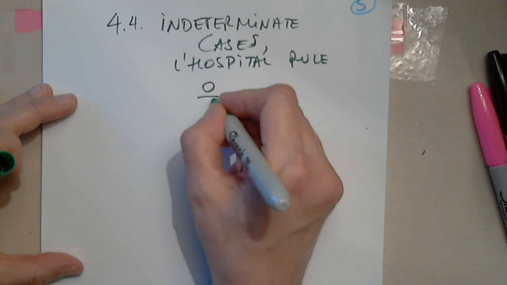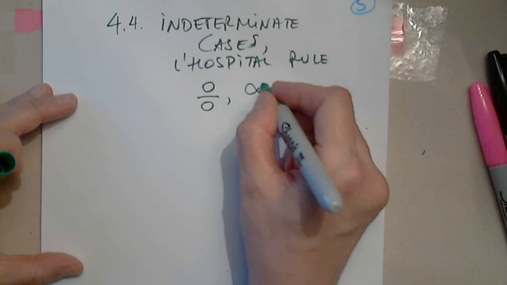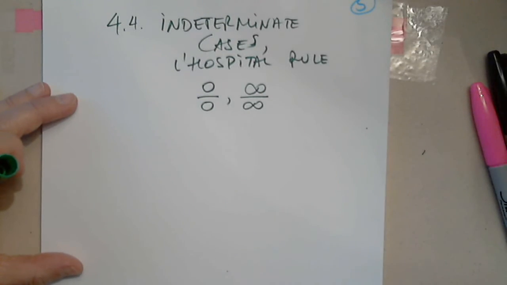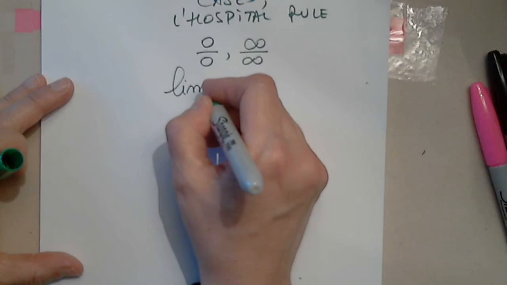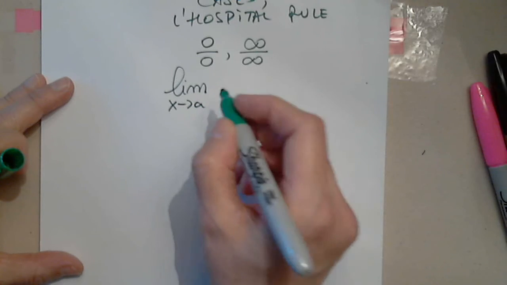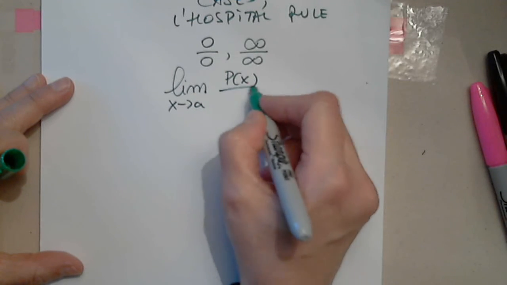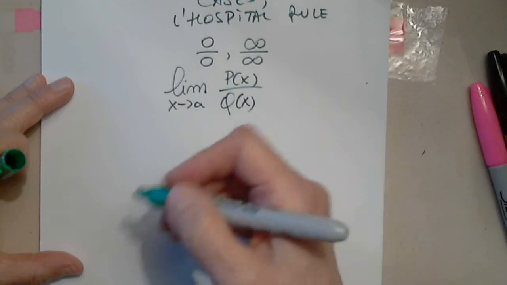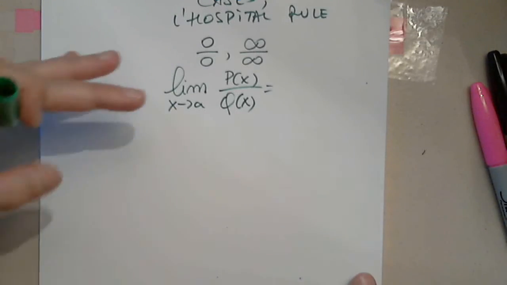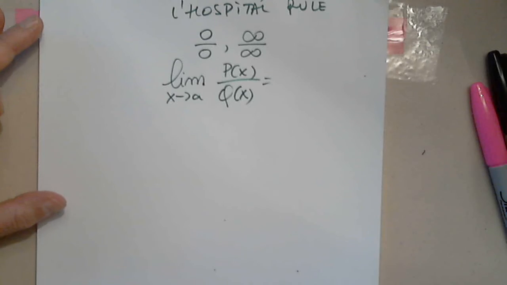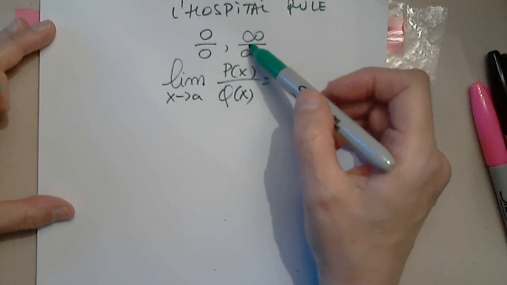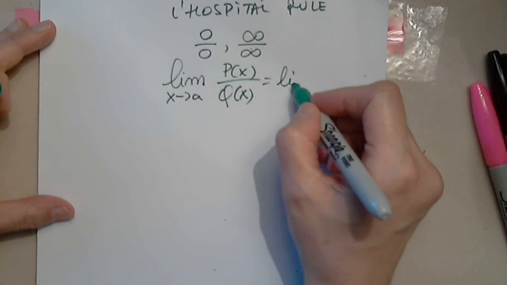Only in the situation of 0 over 0 or infinity over infinity, and only in a limit when x approaches a from, let's say, a polynomial at the top and a polynomial or a function in the denominator. It doesn't have to be just polynomial. It can be a trig function or anything. Only in these two situations, then we can write this.